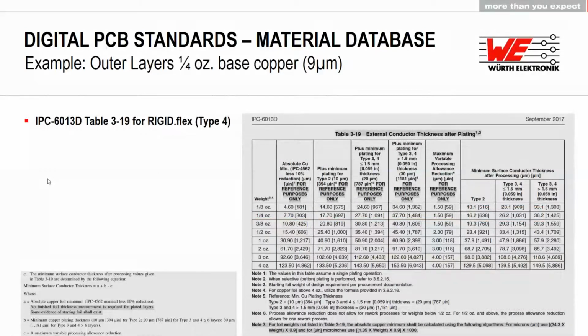For flex rigid, this is a little bit different, even more complex, depending on the IPC type of the technology. So whether we have flex or flex multilayer or flex rigid, and again, depending on the thickness. So we have slightly different calculations, starting with the 9 micron foil minus tolerance plus minimum plating for type 4 in this case, as we are talking about rigid flex technology.